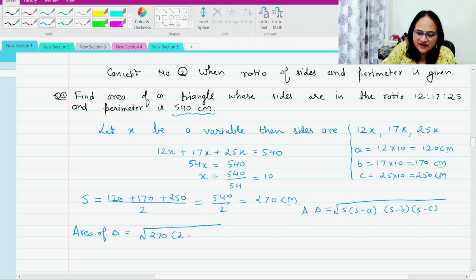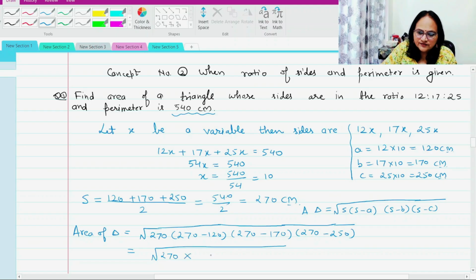So 270 minus 120, 270 minus 170 and 270 minus 250. That gives 150, 100 and 20.